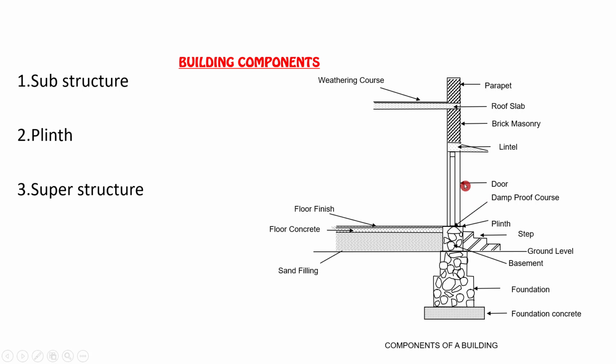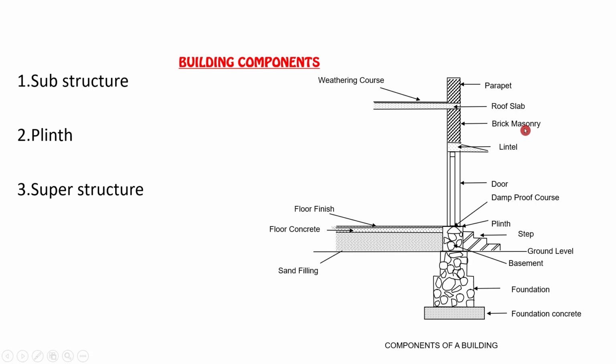And this cross section shows a door. And I told you the lintel is a common beam running throughout the line to effectively transfer the load of the wall above the door or window to the other regions.